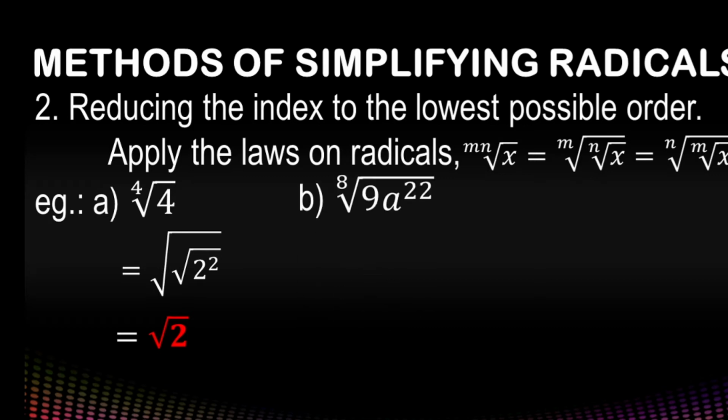Another example, we have the eighth root of 9a raised to 22. So in this case, you are going to apply the first method, and that is to factor the radicand into perfect and non-perfect nth power. So therefore, we have the eighth root of a raised to 16 times the eighth root of 9a raised to 6.